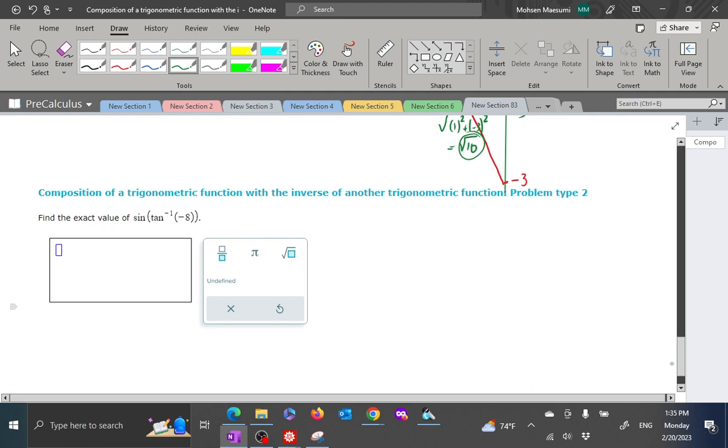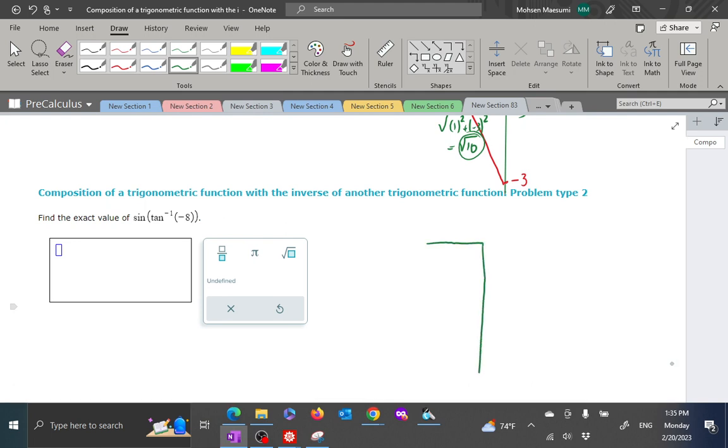So we just learned the picture that we had, -8. This is 1, this is -8. This is the angle. This is x, this is y. R becomes the square root of the sum of these two squares, which is radical 65. 8 squared and 1 squared makes 65.